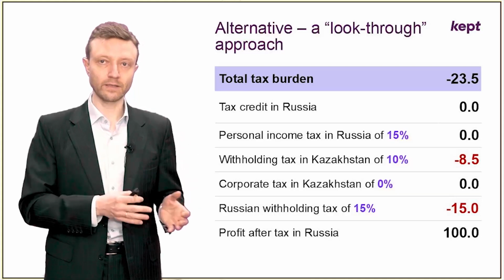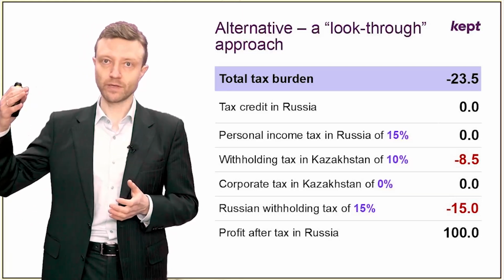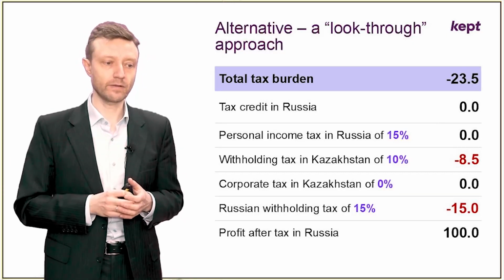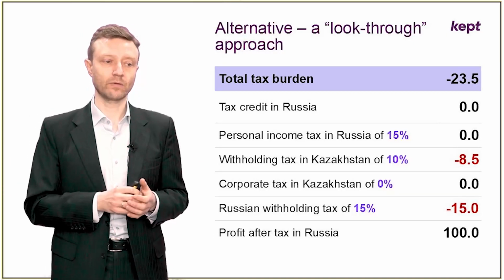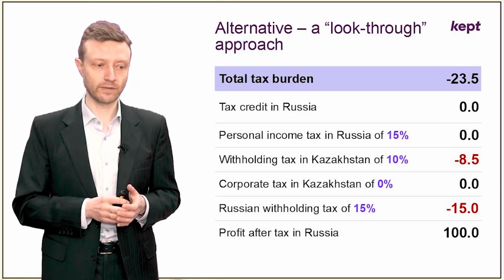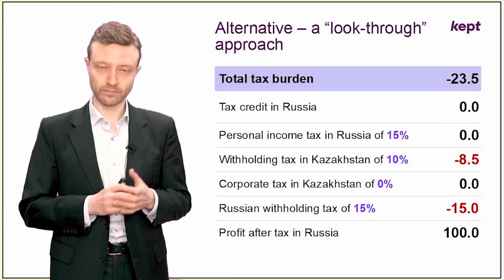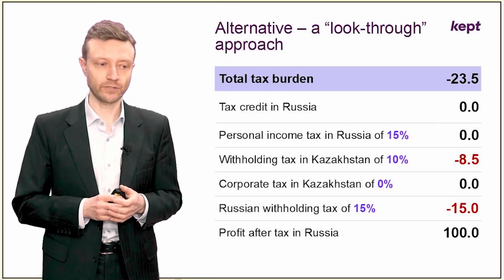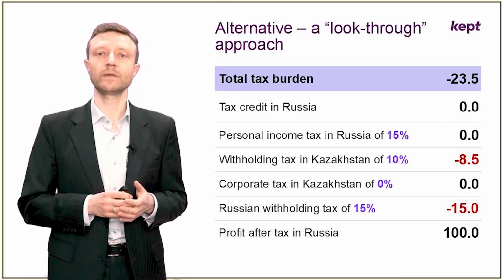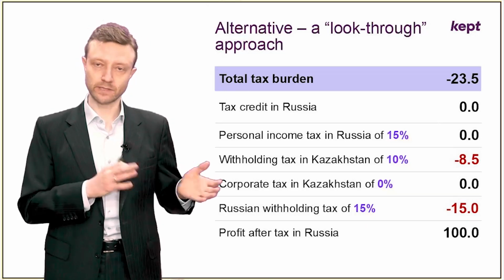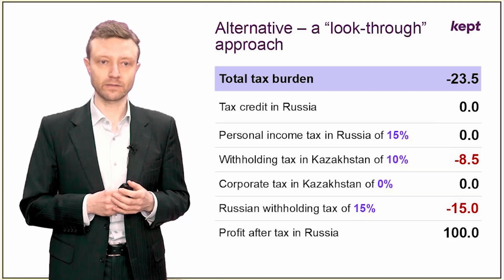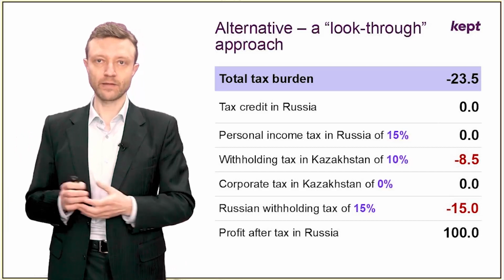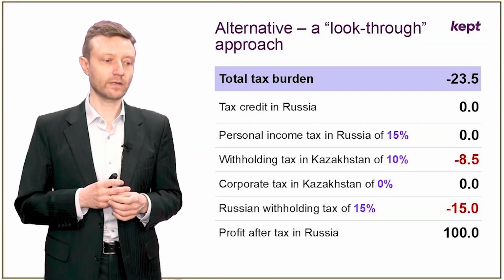Although legally the distribution will be through the chain of ownership, through the holding company in Kazakhstan in this example. But we're not going to look into details of this calculation, but the result is the same. So it doesn't improve in this particular case the tax efficiency of the dividends flow. But it's important to remember that there is such a possibility, and in some cases it can reduce the tax costs.